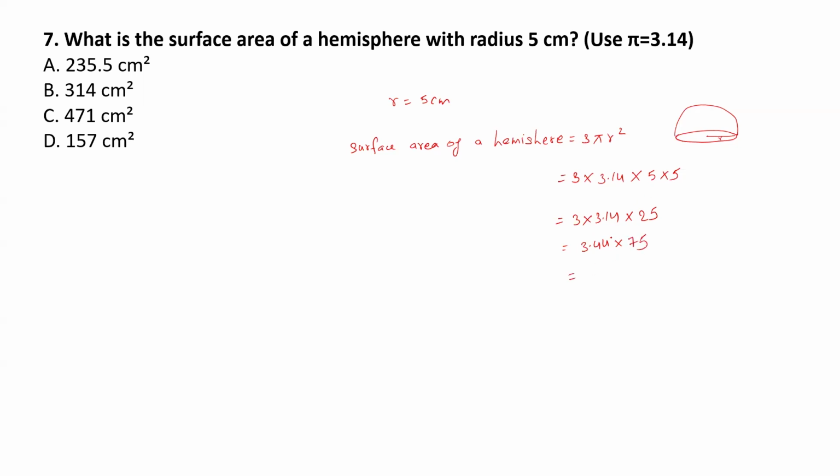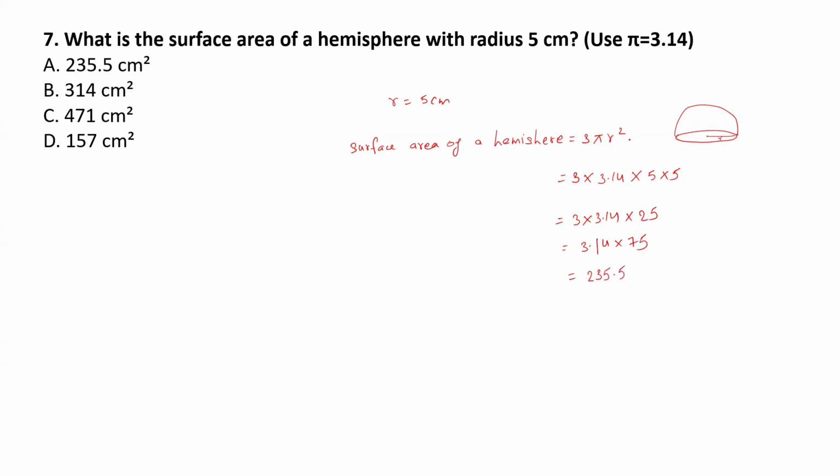Let me use my calculator to do this calculation. 3.14 into 75 is equal to 235.5. So what would be the unit?